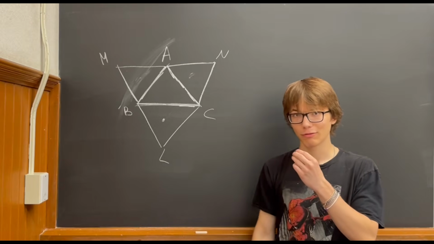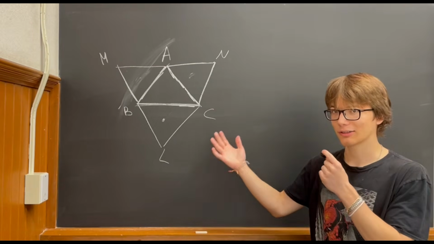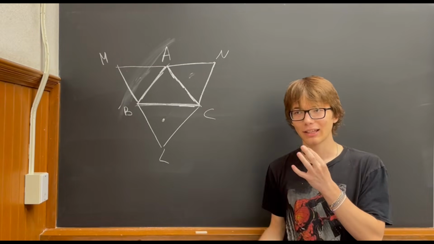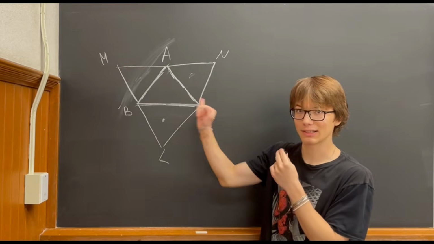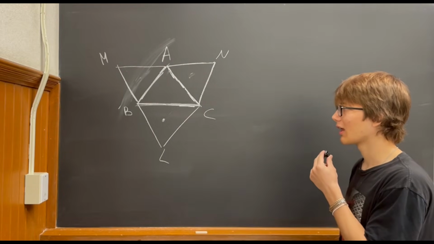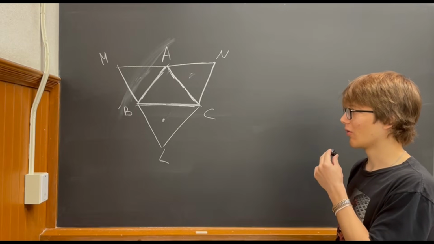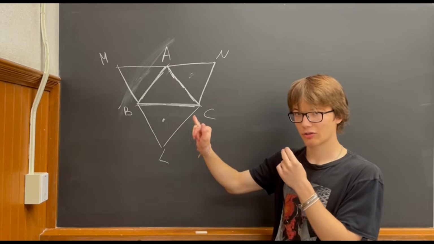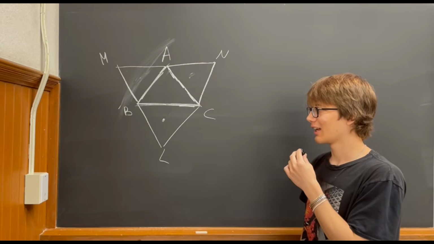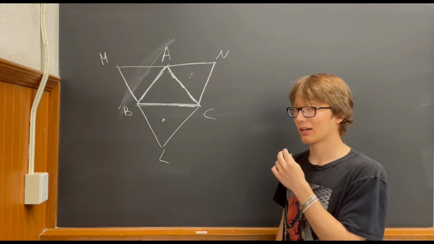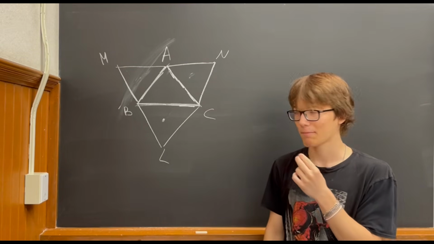So the problem itself is related to triangles, as we can see. The main idea is basically we have the main triangle ABC, right? And on each side of the triangle we make another triangle with the same sizes, right?